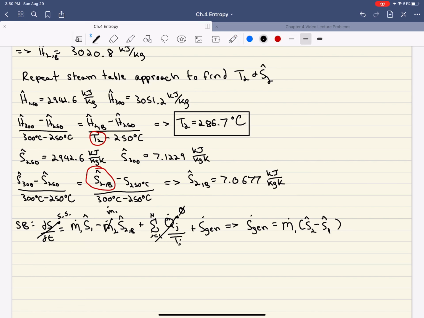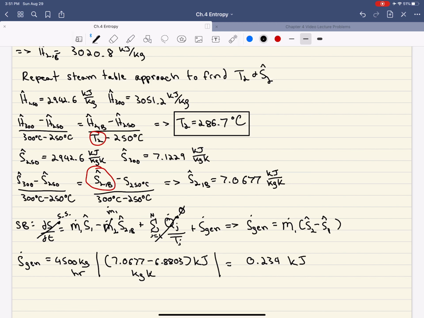At this point all we need to do is plug in. So let's do that. 7.0677 minus 6.8803 kJ/kgK, and we get that the entropy we generated is equal to 0.234 kilojoules per kilogram second.